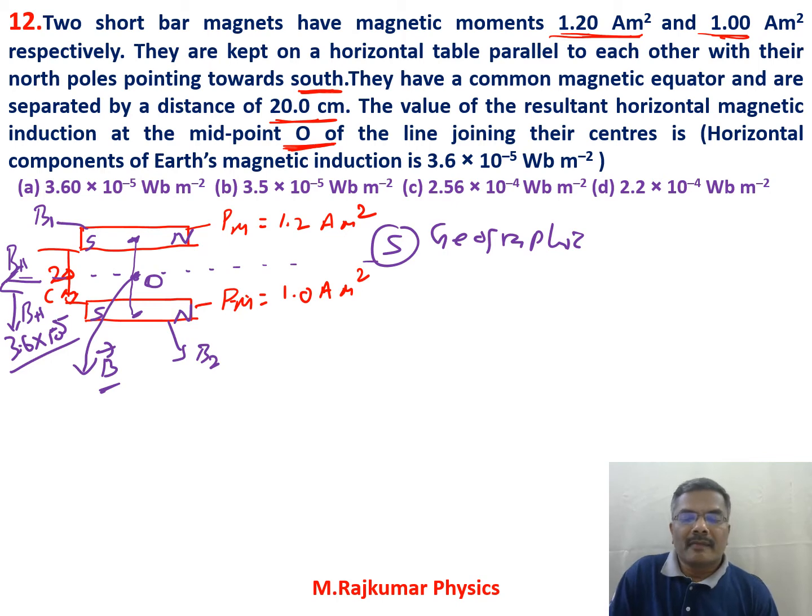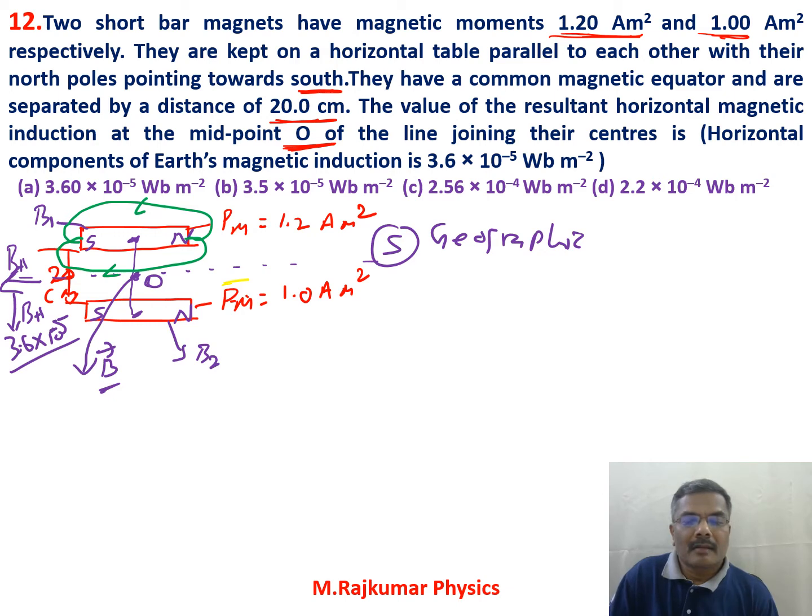How will the magnetic field lines flow? The field lines will be like this, from the north pole to the south pole. When I take it above this magnet, it will be this side. So I'm taking one line, and one more line from B2, the second magnet.